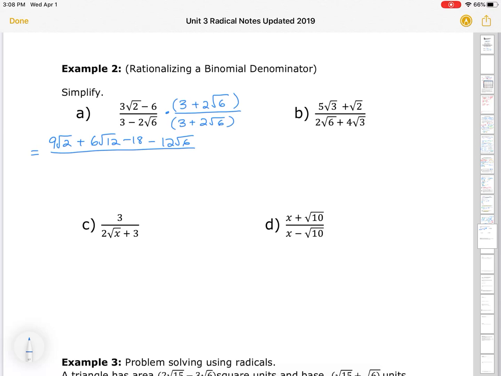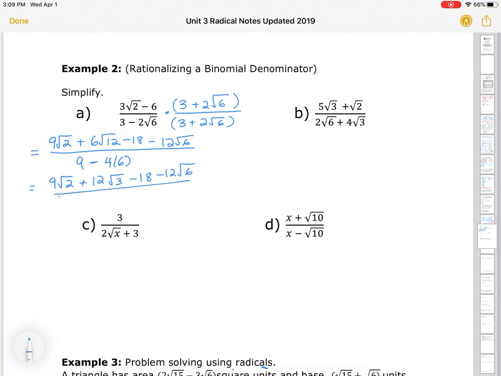Now on the bottom, because I'm multiplying conjugates, I basically am just multiplying each term and subtracting them. So 3 times 3 is 9 minus 4 times 6. Now I need to simplify the top. So 9 root 2 is in simplest form. 6 root 12: 12 has 4 as a factor, so I can take a 2 out, so it'll be 12 root 3.